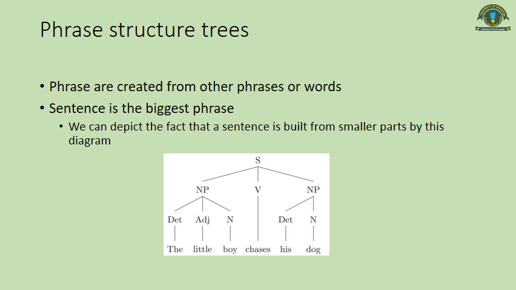The other noun phrase, following the verb, is the combination of a determiner and a noun, his dog. So we need to know that this sentence has the underlying structure of NP, V, and again an NP.